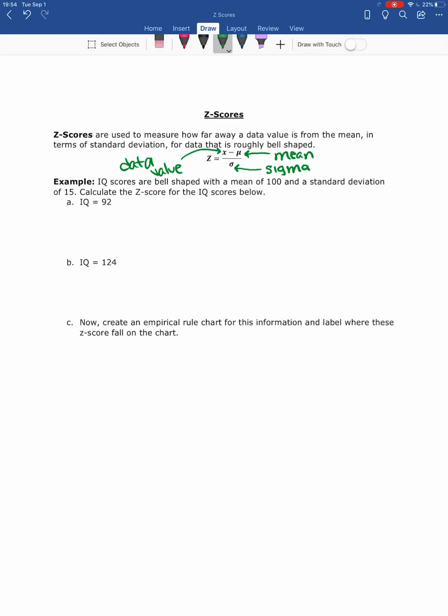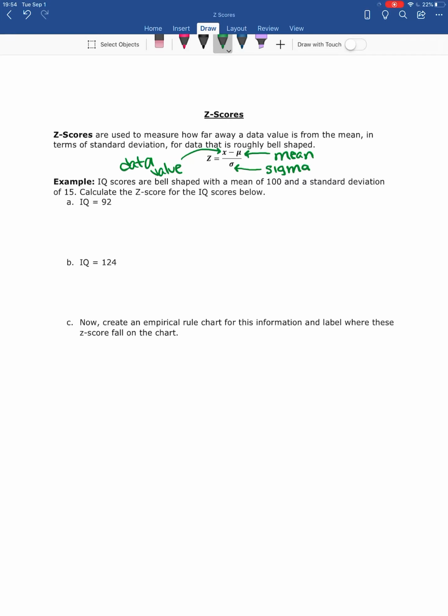And notice, mu and sigma were both the symbols that we used when we had population data. As of right now, when we're calculating z-scores, we're going to assume that we are looking at population means and standard deviations. Things get a little trickier when we start taking samples and we're trying to do those types of comparisons, so we're just going to make it easy for ourselves right now.